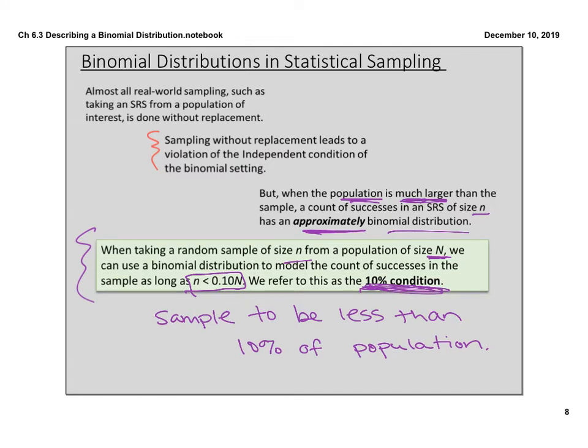As long as our sample is less than 10% of our population, then we're okay, and we're allowed to use binomial calculations. Then we can proceed with whatever we're trying to solve. If the sample size is not less than 10% of the population, if our population is really small, then we have to back up a little bit and we can't use those binomial calculations. This is what you're going to be determining in all of your binomial settings when you start calculating things: is your sample size less than 10% of your population?